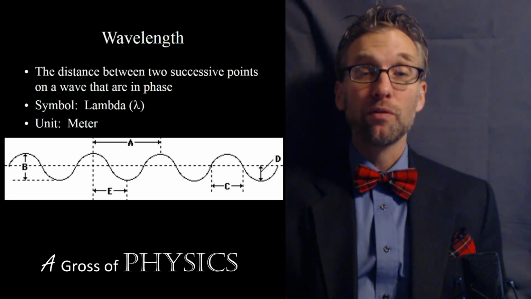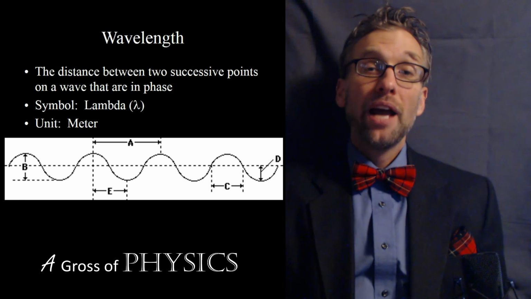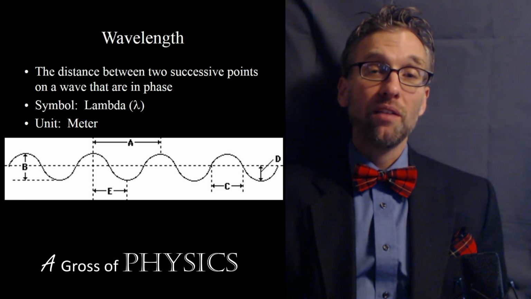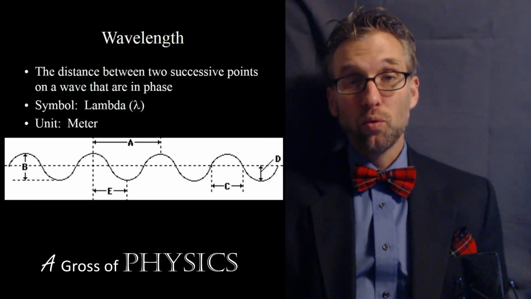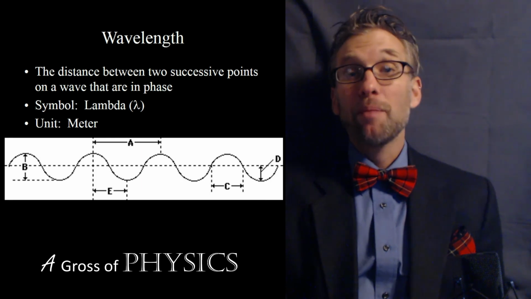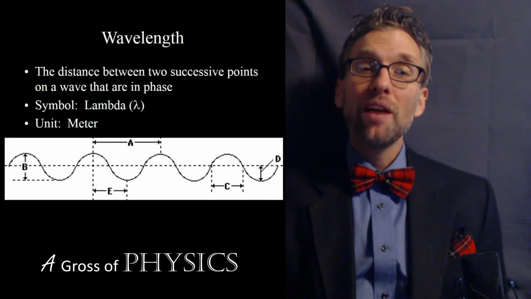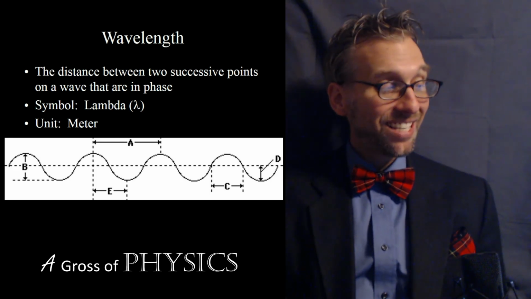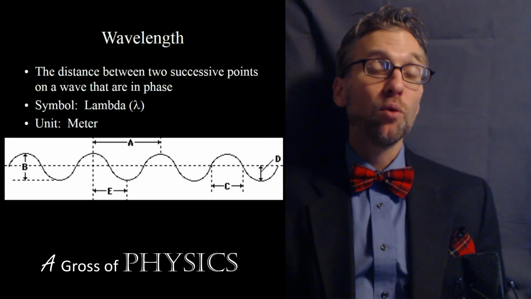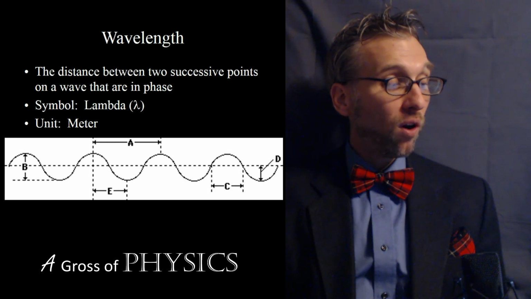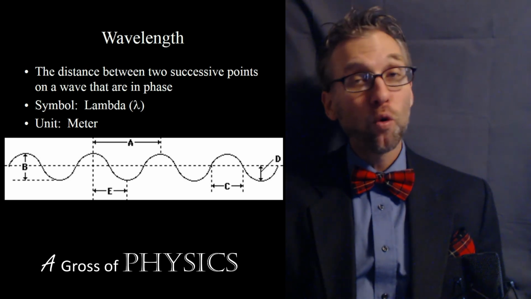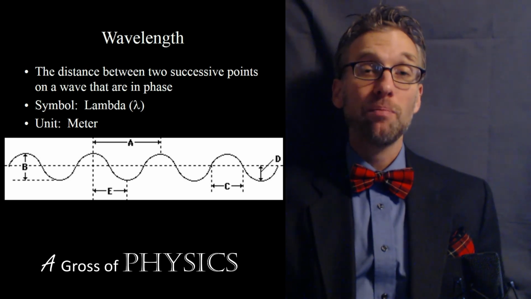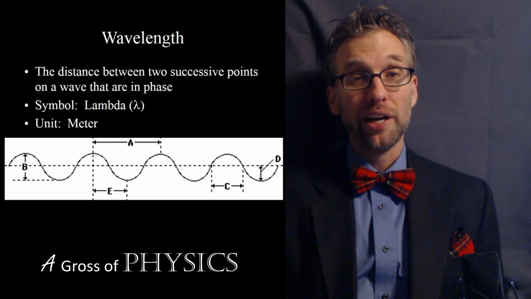Wavelength could also be from trough to trough. Now, if we just go from the midpoint of the crest to the next one on the x-axis, that might be half a wavelength. So wavelength can be measured in whole increments or partial increments. In this case, because we have multiple waveforms, it looks like we have 1, 2, 3, 4 wavelengths represented by the entire wave on the screen.